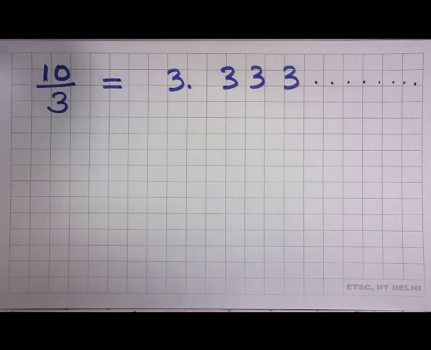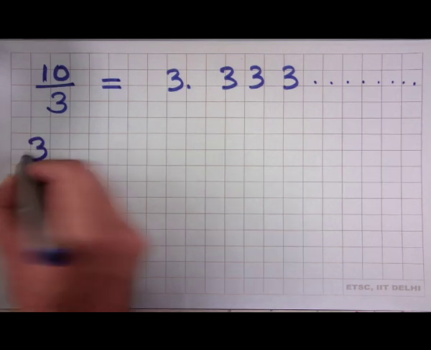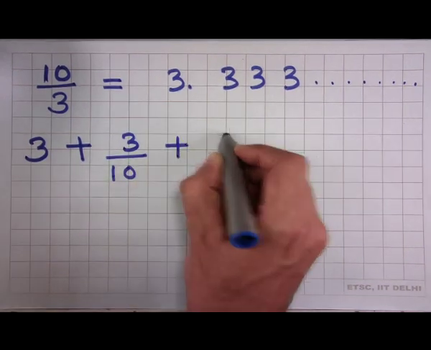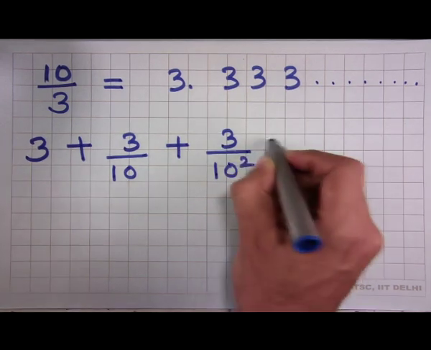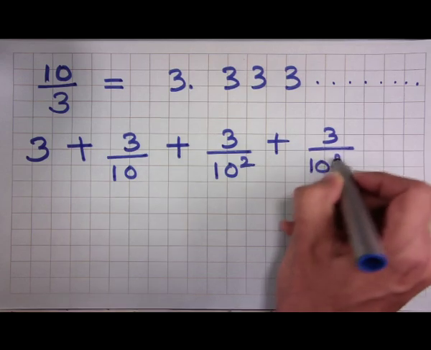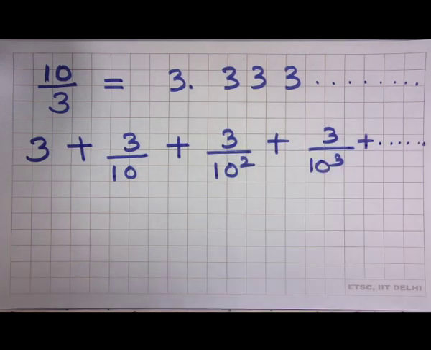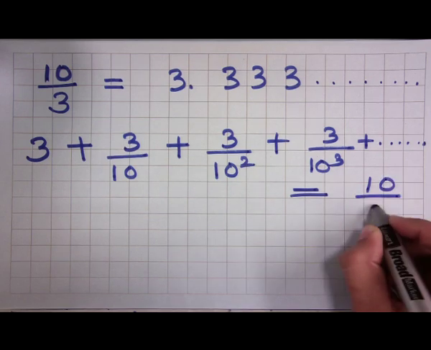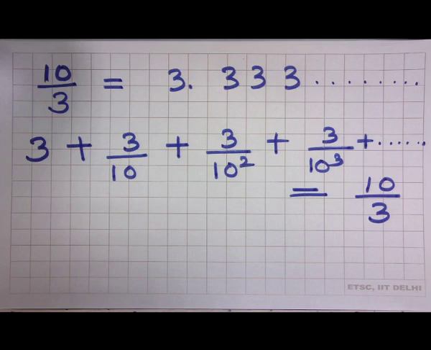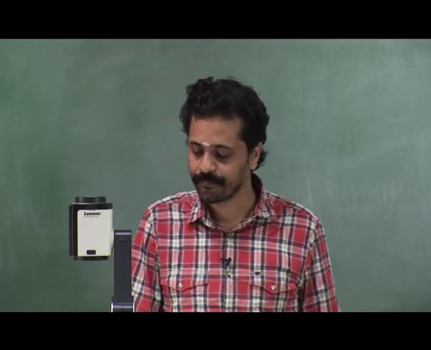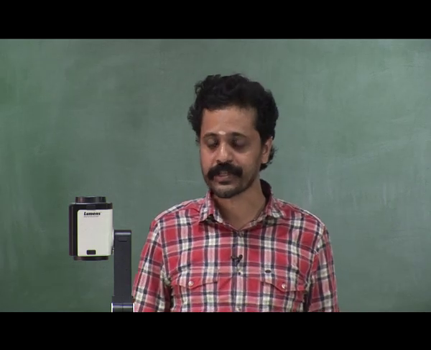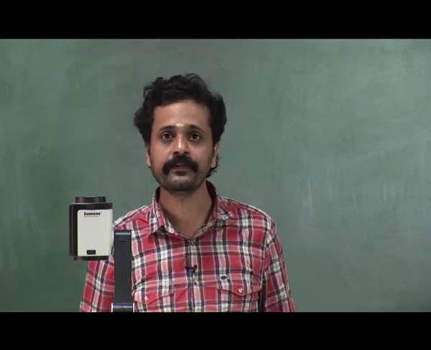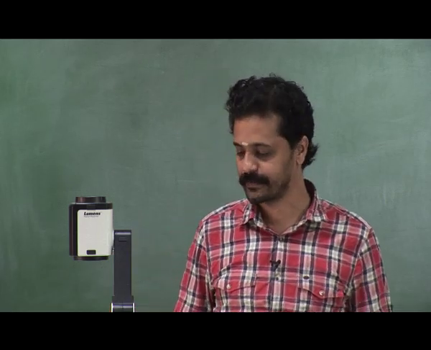We mean to say that 3 plus 3 by 10 plus 3 by 10 square plus 3 by 10 cube plus etc. is equal to 10 by 3. This is what we mean. Knowingly or unknowingly, in decimal expansion, we deal with the sum of an infinite number of real numbers.